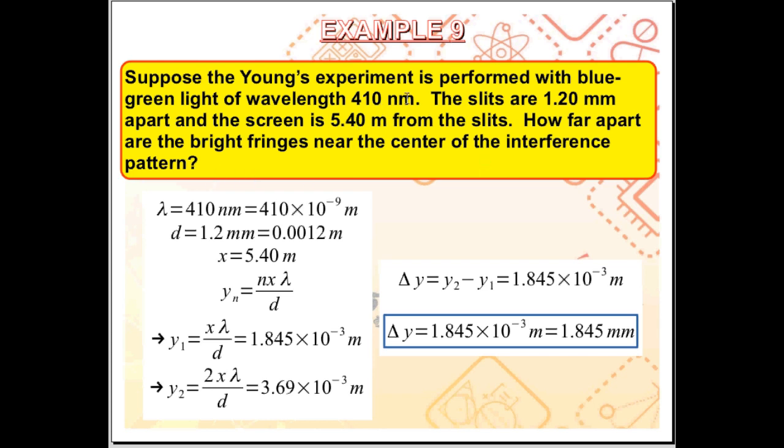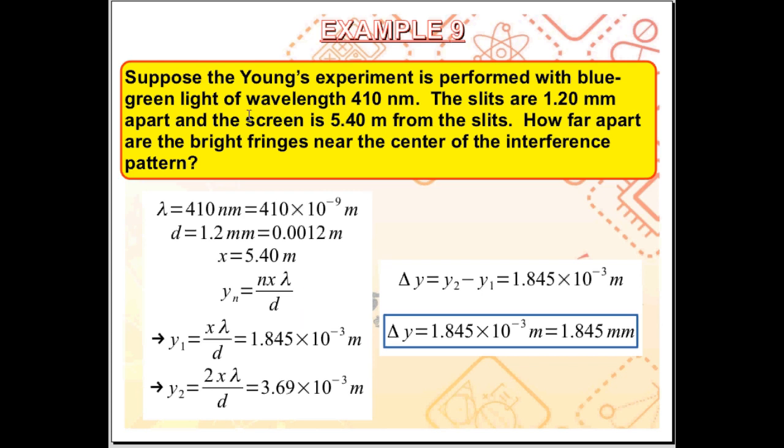So the wavelength lambda is given, 410 nanometers. The slit-to-slit distance d is given at 1.20 millimeters. And the slit-to-screen distance is given by x, 5.40 meters. For the locations of the bright fringes for the two slit interference, you have y_n is equal to n x lambda over d.